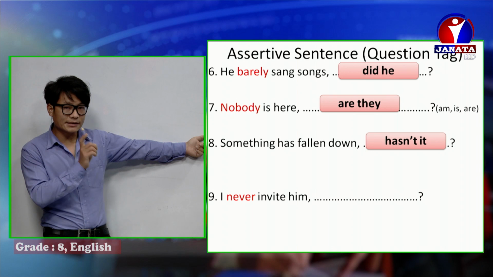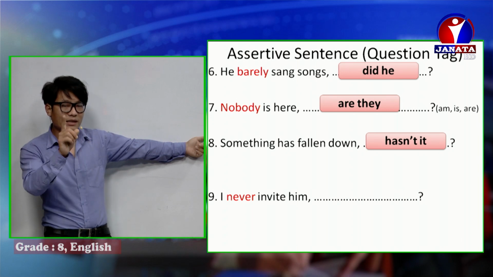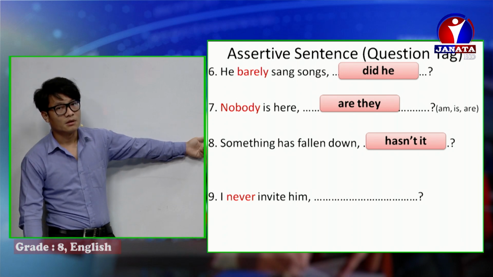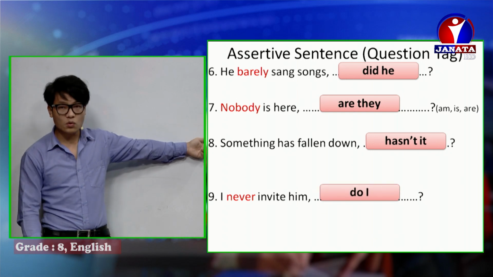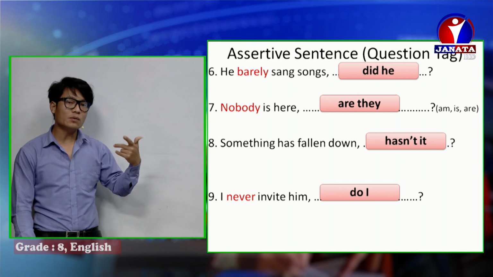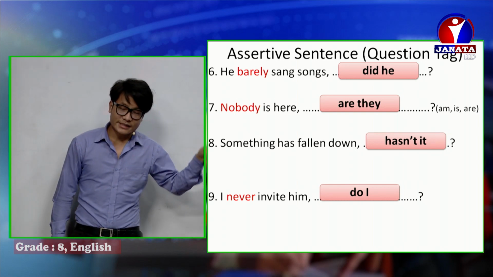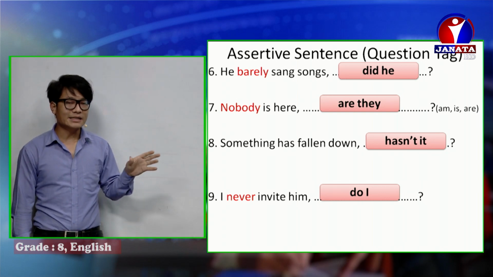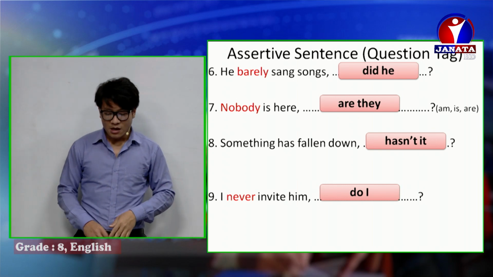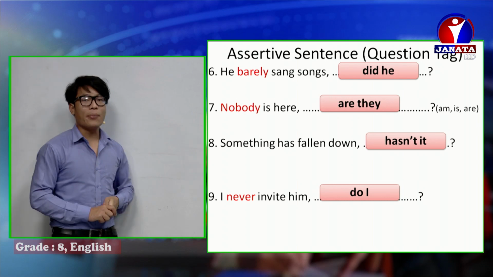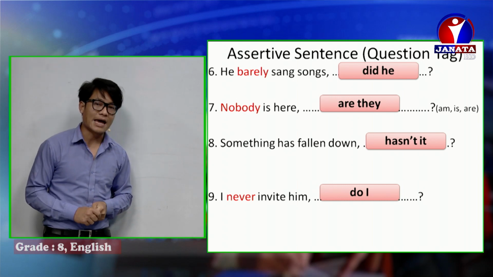This is a negative statement, so what is the question tag? Obviously the question tag is do I. Why is there do? Because the statement is negative, as it has the word never. So the right answer is do I. These are examples of question tags for assertive sentences.